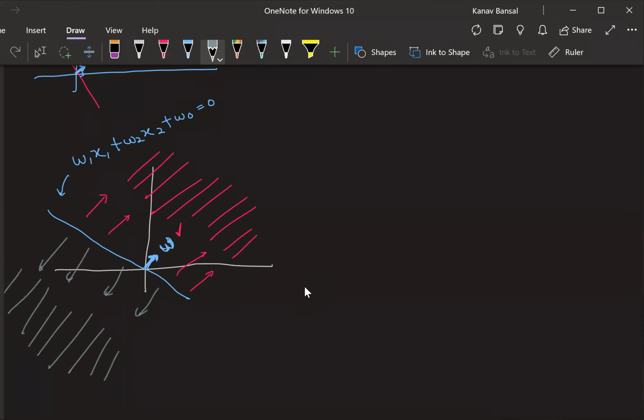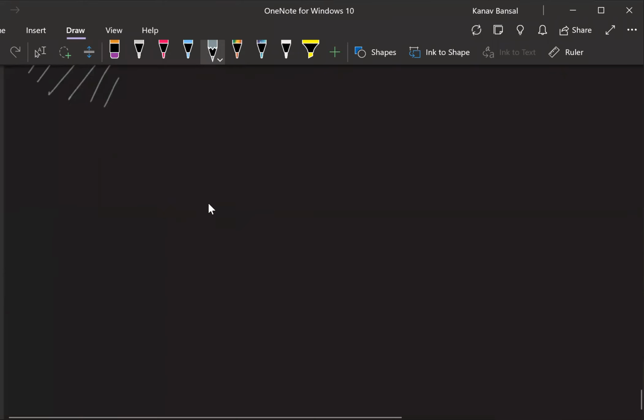Now, let's try to understand another concept. Given that you understood all these things, we'll now go into machine learning. What do I actually mean by the term machine learning?